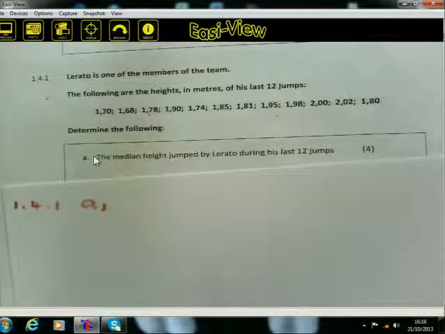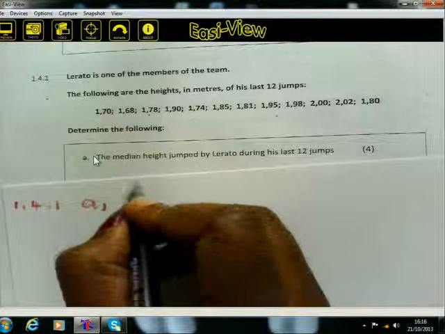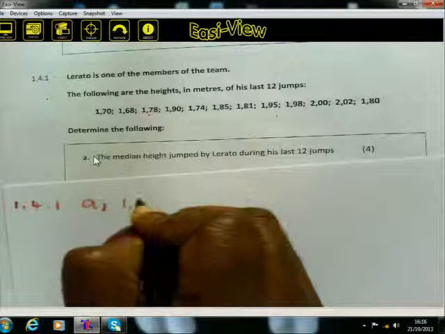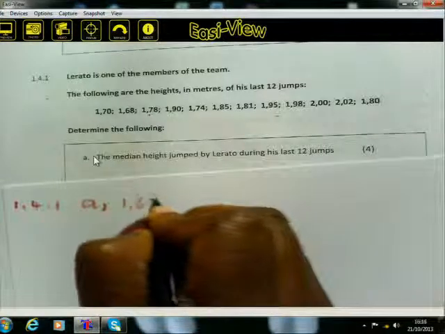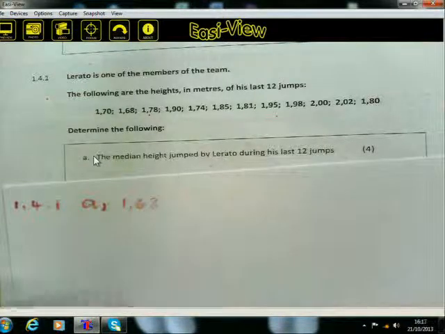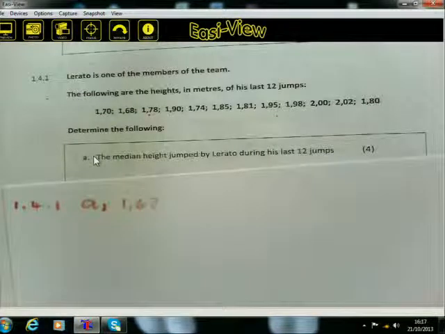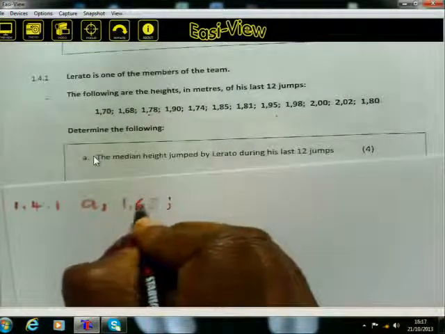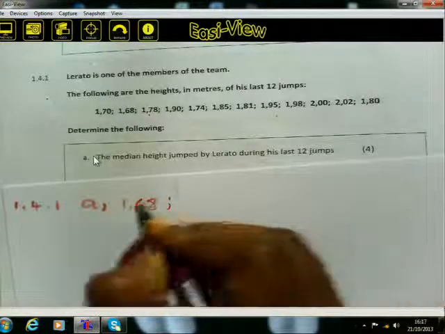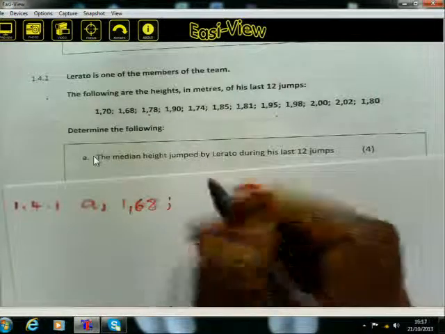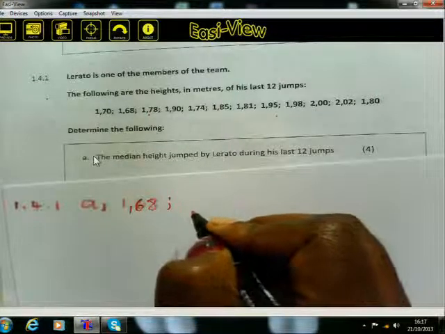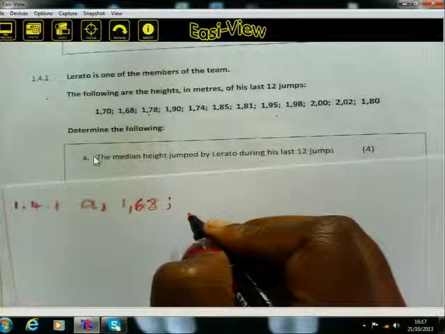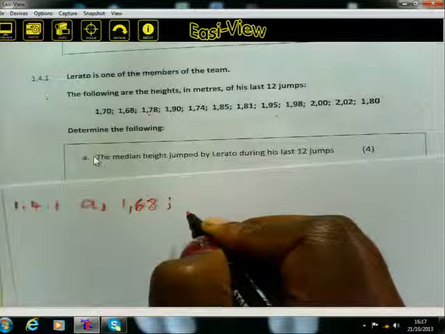What is your smallest number? Is 1,68. The second one, I'll give you a few seconds to write the second one.